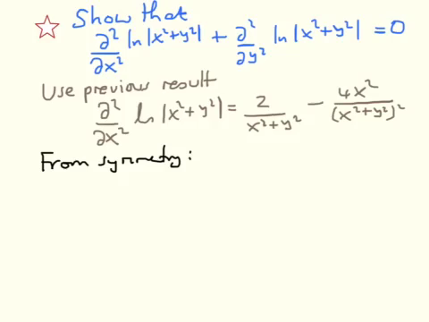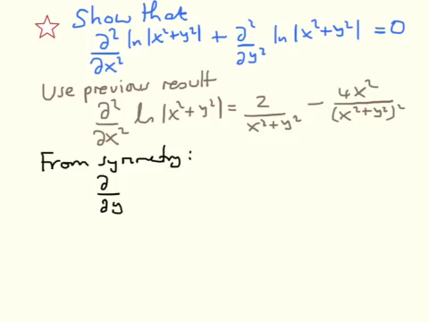So you can replace x by y and y by x, and the function will look the same, because the log of x squared plus y squared is the same as the log of y squared plus x squared. So if I know my result for the derivative with respect to x, I can immediately write down the result for the derivative with respect to y.